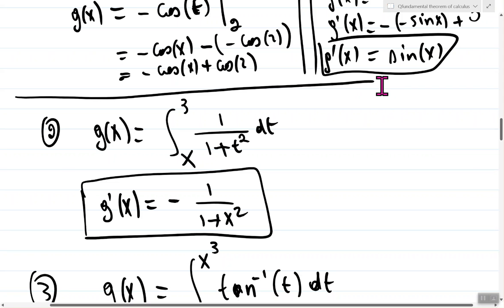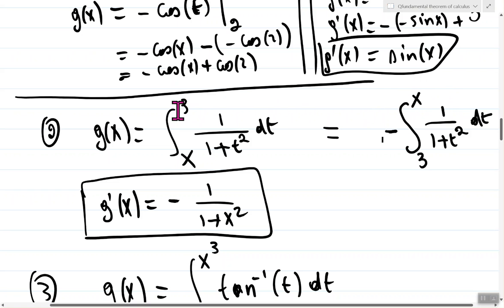This integral can be written by flipping the limits of integration. The lower limit can become the upper limit, and the upper limit becomes the lower limit. If you switch them, then you have to multiply this integral by a negative sign.